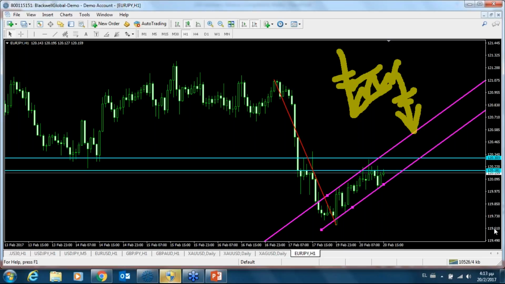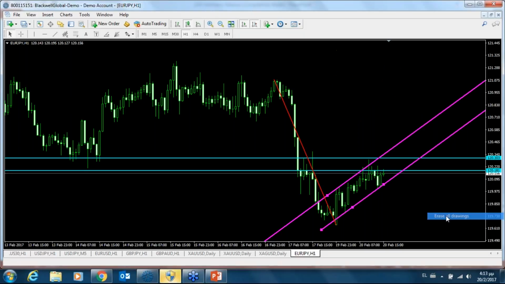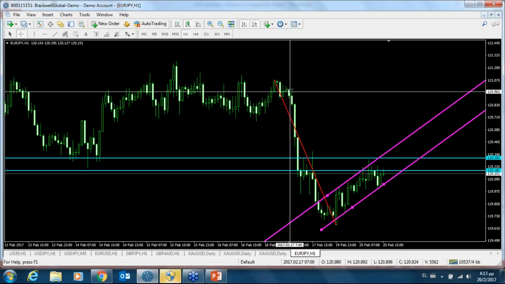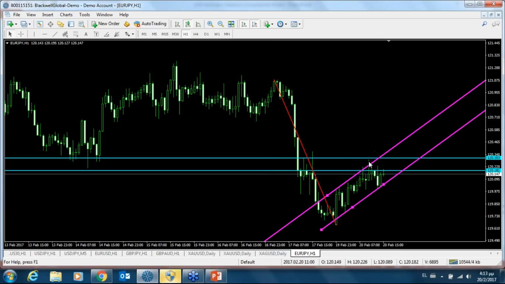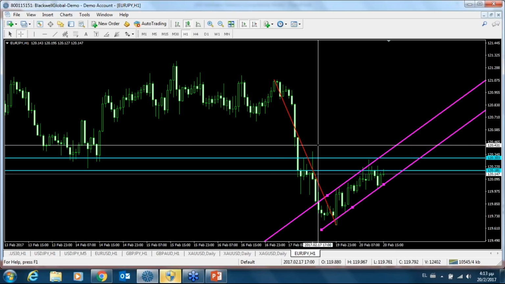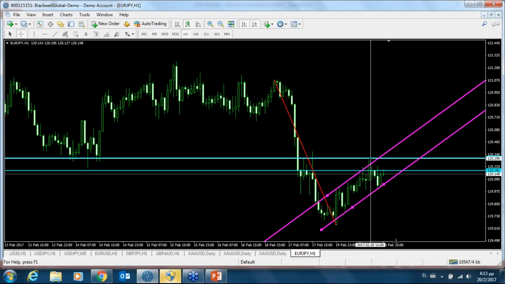So if you look at how many pips, let's say this way here, if you look into the crosshair from there right to the base here, you've got about 100 plus pips, 140 or so. So what that means is that from this top area here, you could aim at 140 as well to the downside. Okay, so this is how far it could go.